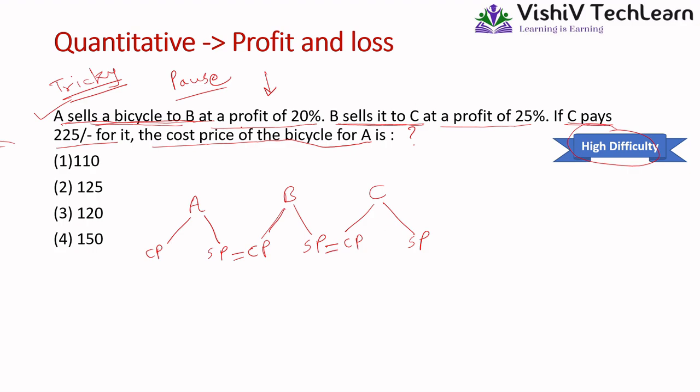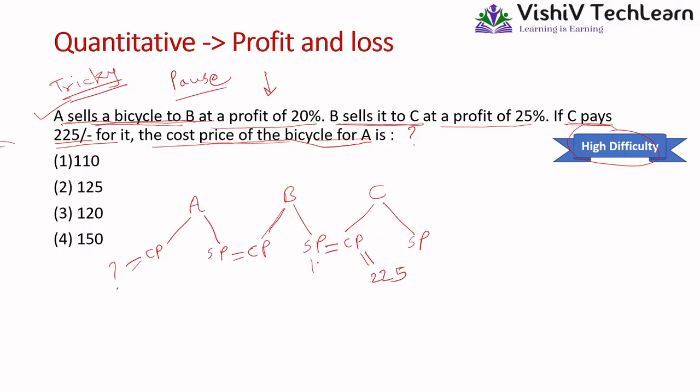And C is paying 225 rupees for that bicycle, and we have to calculate the cost price of A. So here we need to go reverse. Now cost price of C and selling price of B are equal.